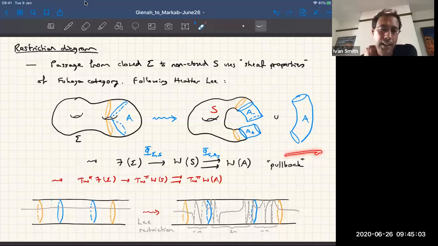And Heather Lee constructs restriction functors. They're constructed by picking a particular set of split generators for the category.